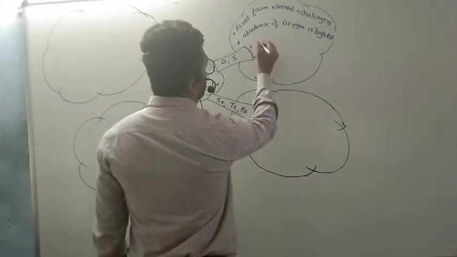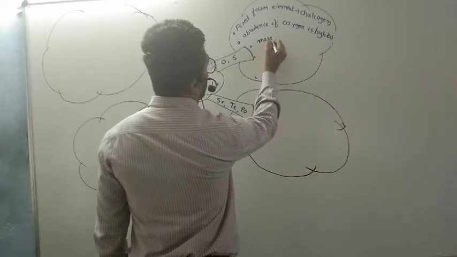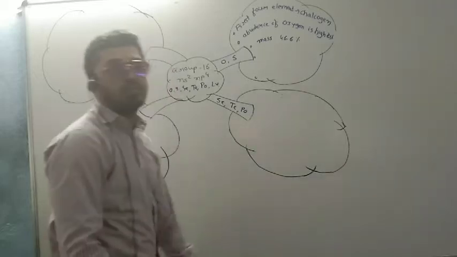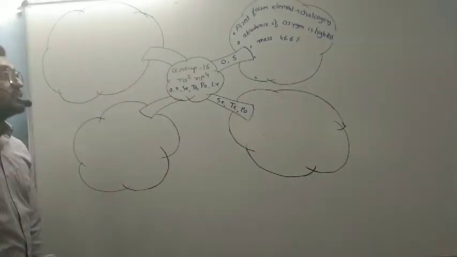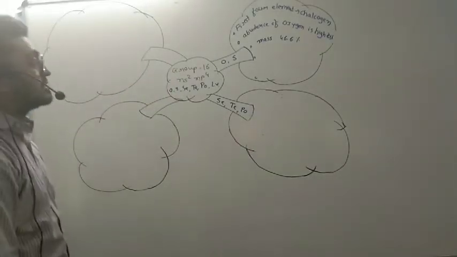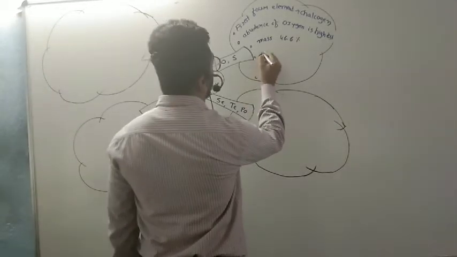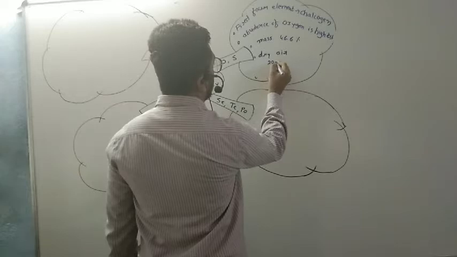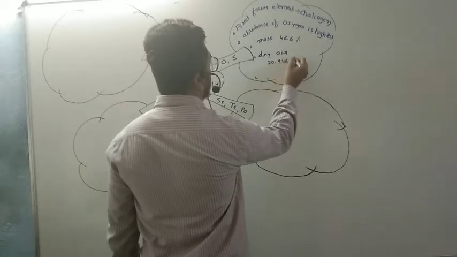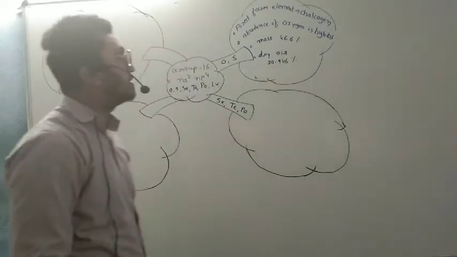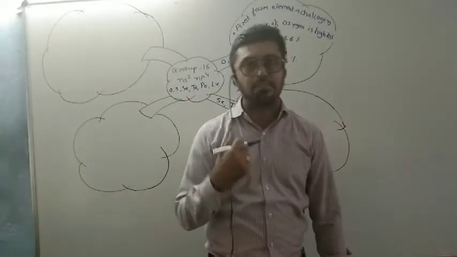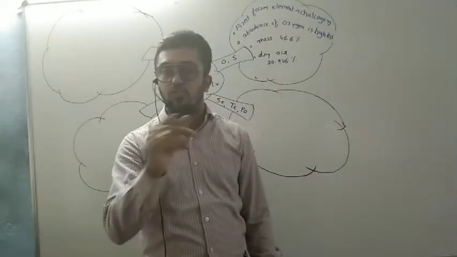If we are discussing by mass, the reference value is 46.6%. But if we are discussing dry air, it is 20.946%, about 21%. So the amount of oxygen according to its mass is 46.6%.